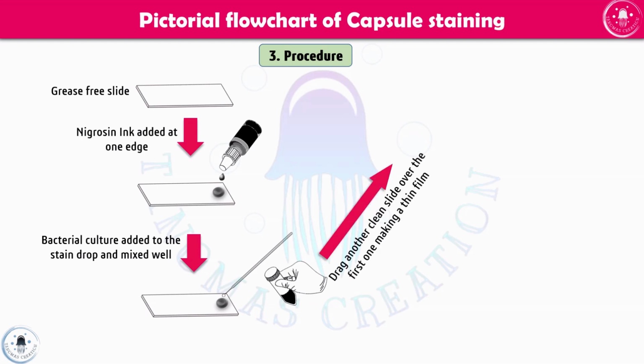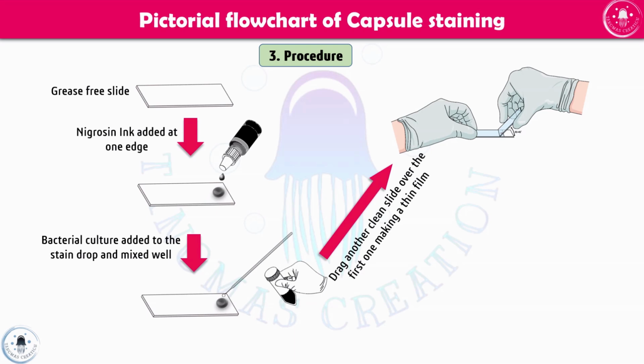After that, you take another clean slide, put it over the top, and drag the second slide over the first one, making a thin film, just as we do in our negative staining method. So this capsule staining uses the negative staining only.